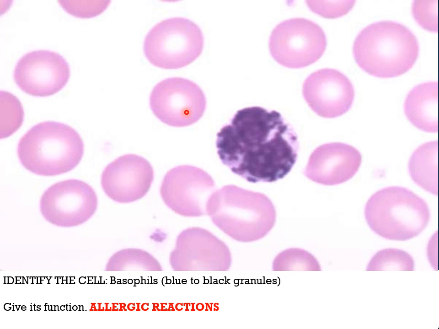So, number 1 sa ating mga blood cells is the basophil. Basophil is characterized by these large granules and ang kulay niya madalas is blue to black granules. And function niya is mainly for allergic reaction.